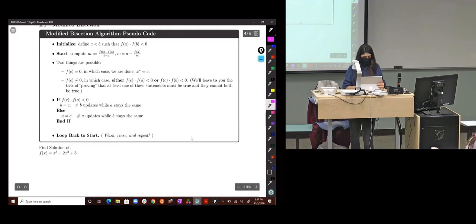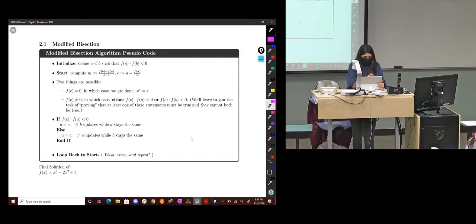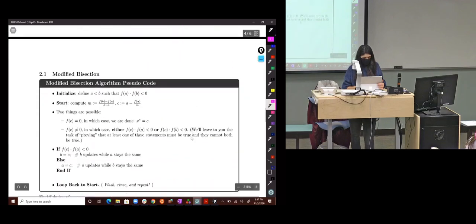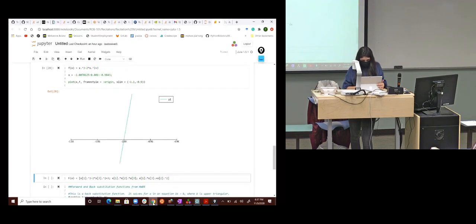The only change here, when you compare it with our algorithm, is in our update rule, where we have to do m equals the new slope of the line, and then c is a minus f(a) by m. Oh, well, we wanted to take the point a in there.